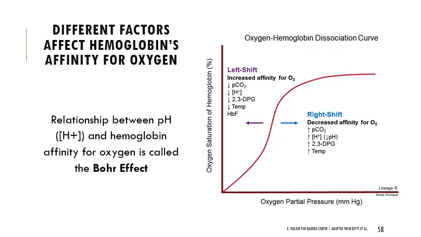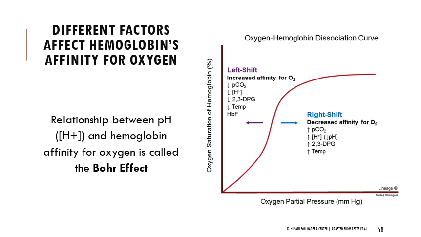So there's a lot of factors that shift this curve around. Here we can see that if you have increased affinity for oxygen, that might be due to decreases in the partial pressure of carbon dioxide, increases in pH and decreases in hydrogen ion concentration, this thing called 2,3-DPG, which I'll talk about in just a moment, and decreases in temperature.